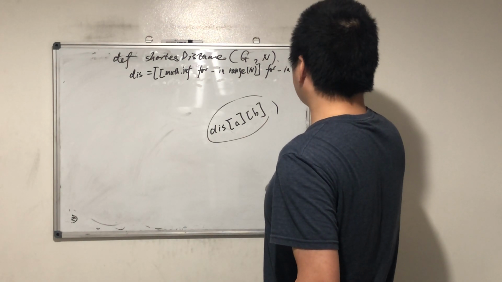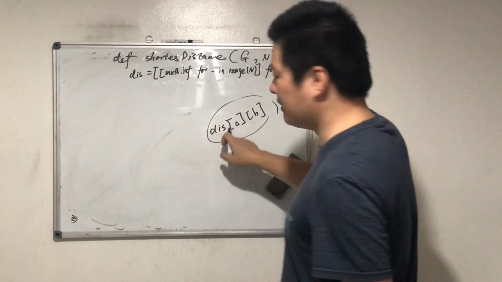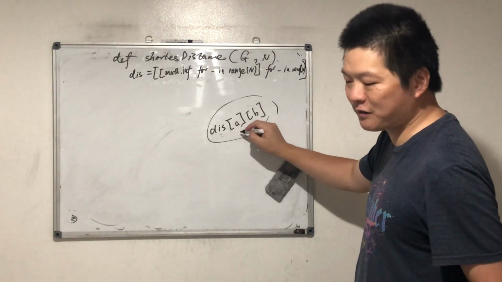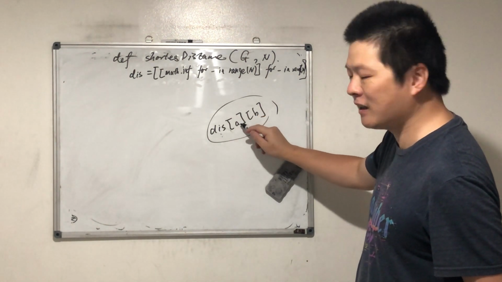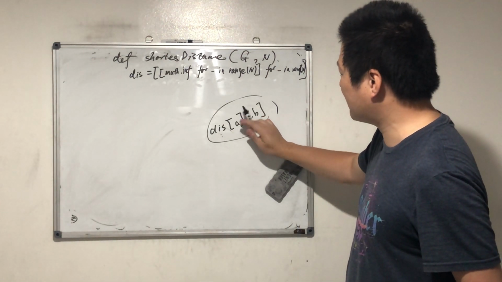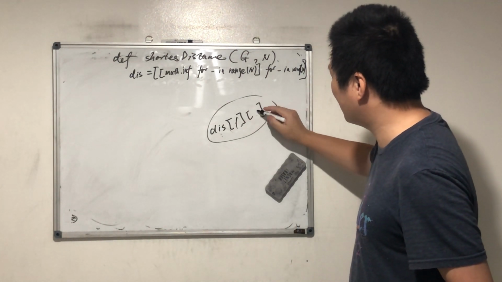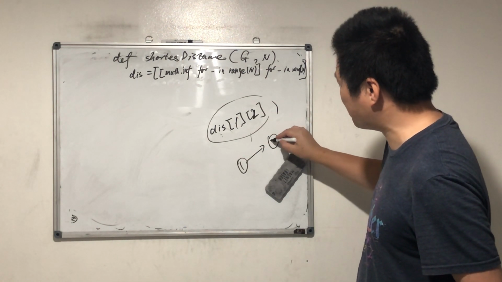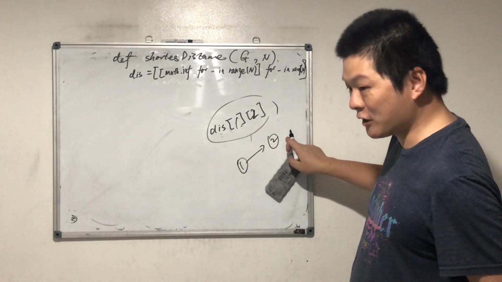This gives the distance two-dimensional array, which we can visualize as distance[1][1], distance[1][2]. It means the shortest distance from vertex 1 to vertex 2.